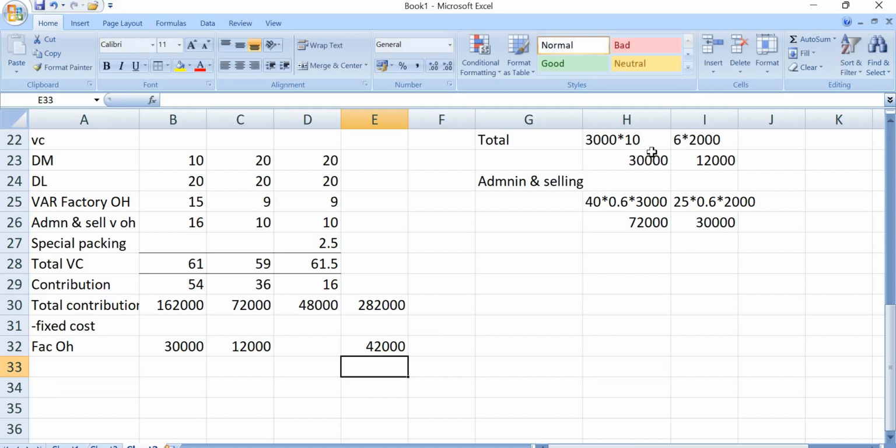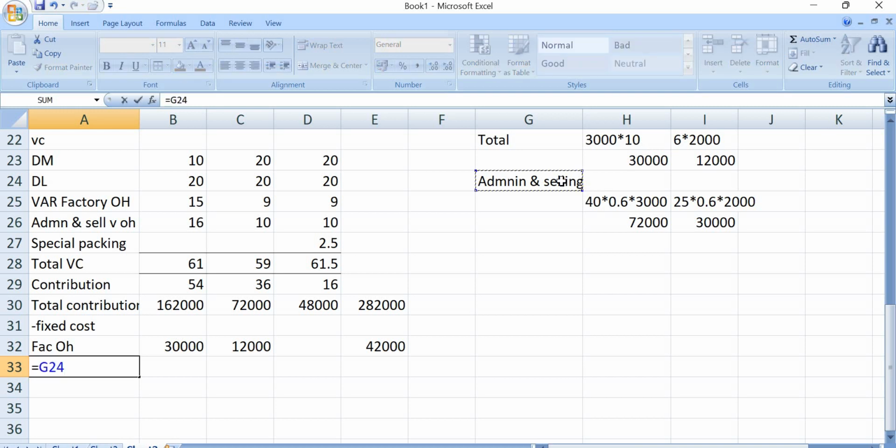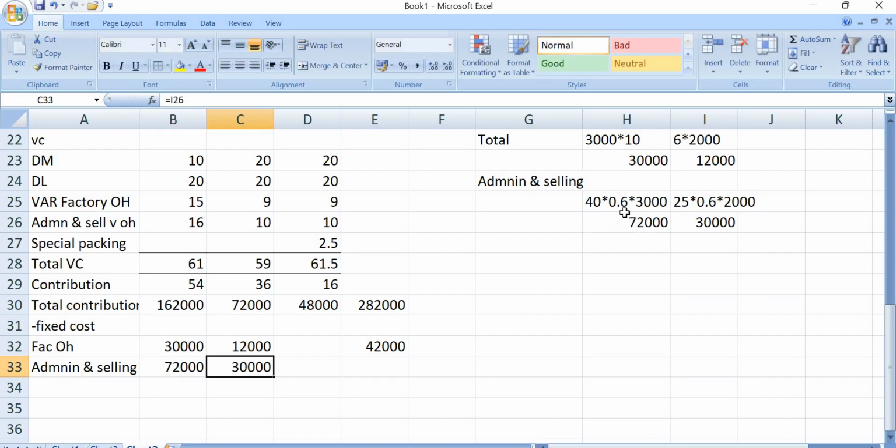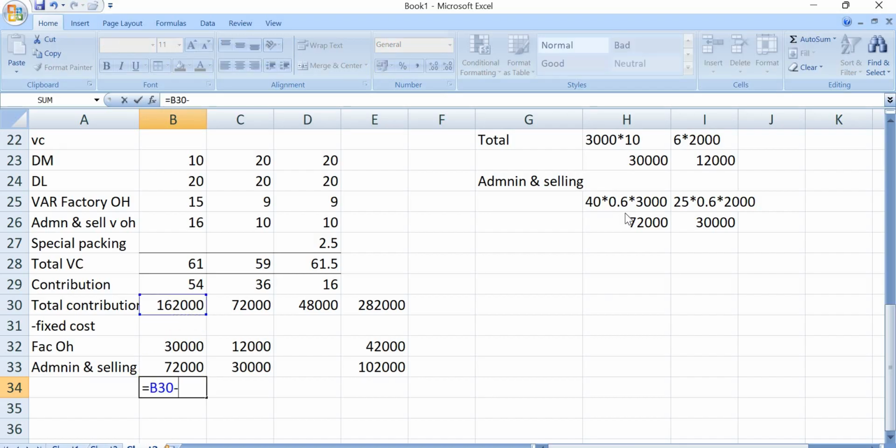So there is no separate fixed cost I am going to incur for export. Unless it is mentioned, we should not change the total fixed cost. So administrative and selling expenses, that is 72 and 30,000. Again the total is 1,02,000. So my profit here is 162 minus 30 minus 72.